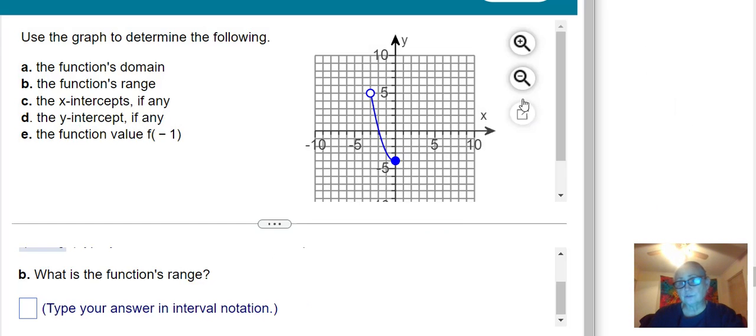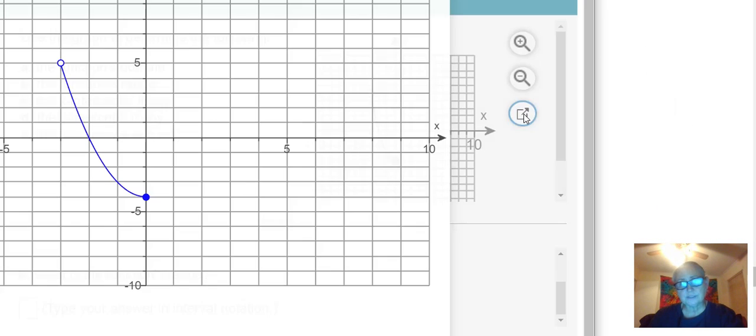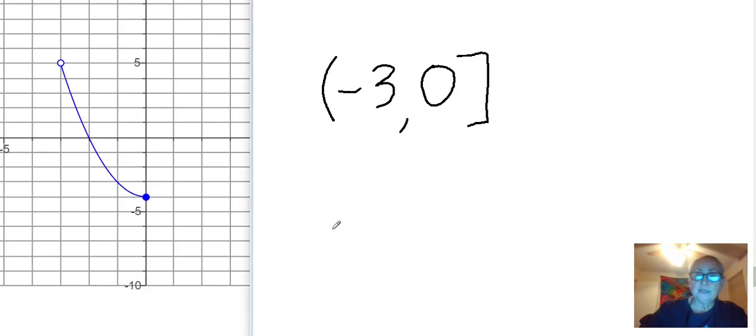The range, okay, again, I'm going to pop this thing out so we can see it. The range is from bottom of the graph to top of the graph. So it goes from -5 included to 5 not included.